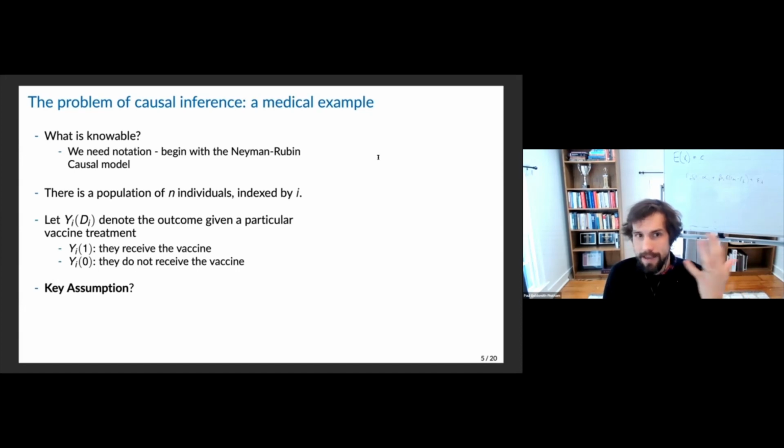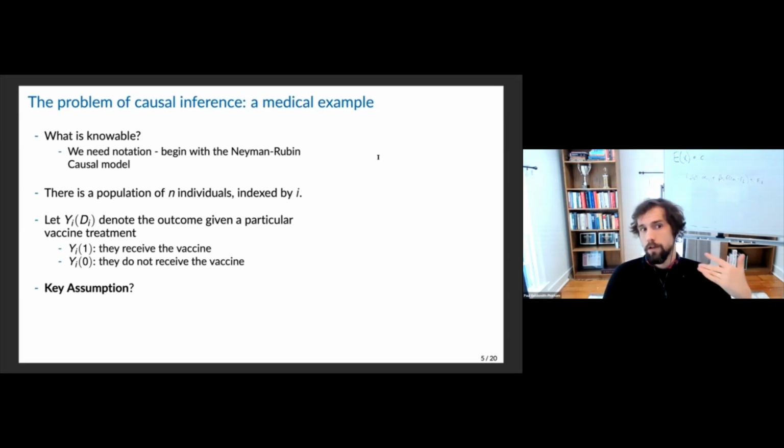So Yi is the outcome for a person i coming from a population of n individuals, where there are two potential worlds. So for Brett, there are two potential versions of him. One is a world in which they receive the vaccine. One is a world in which they do not. We can't see both worlds.